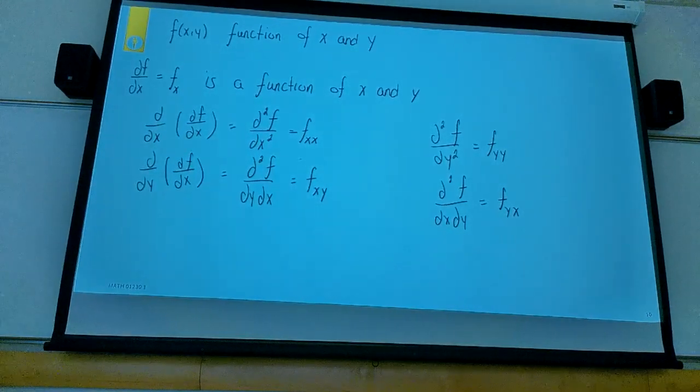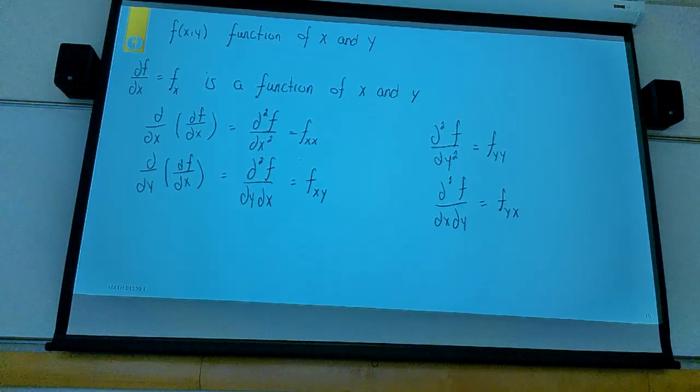Well, for two variables, how many second order partials were there total? Well, they're all listed, right? How many are there?